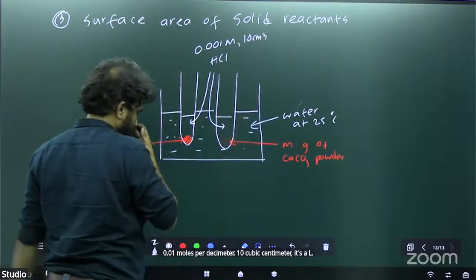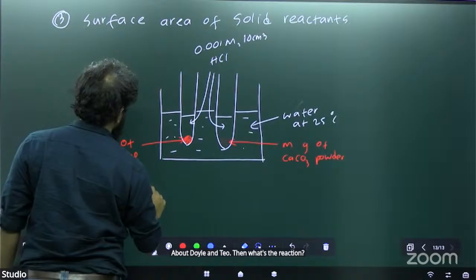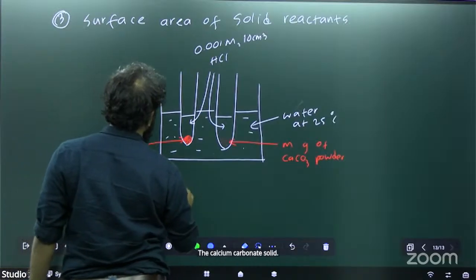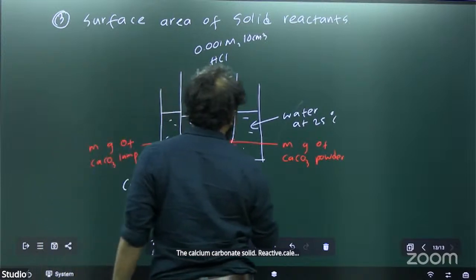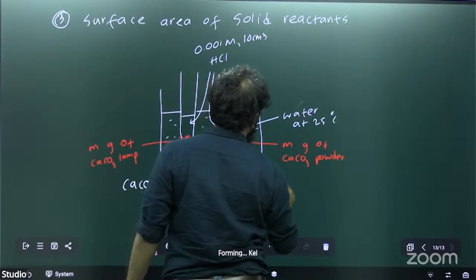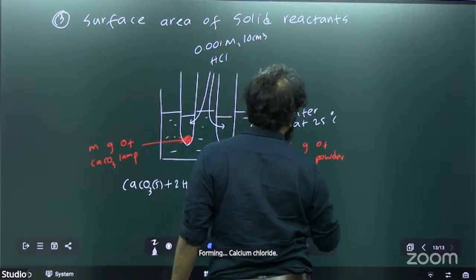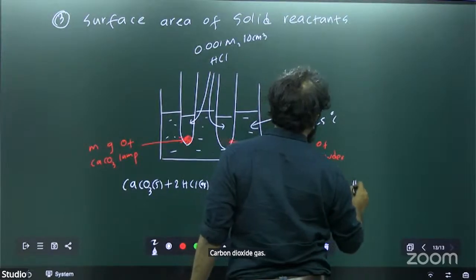Then what's the reaction? The calcium carbonate solid reacts with HCl, forming calcium chloride, carbon dioxide gas, and water.